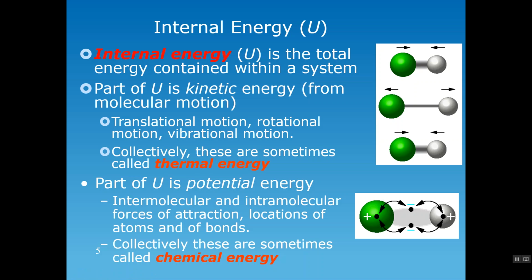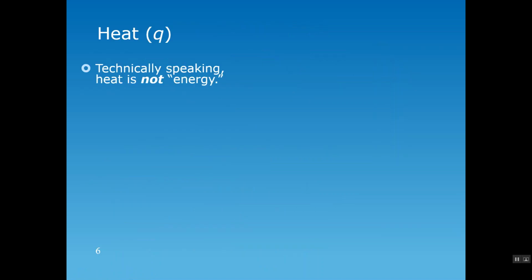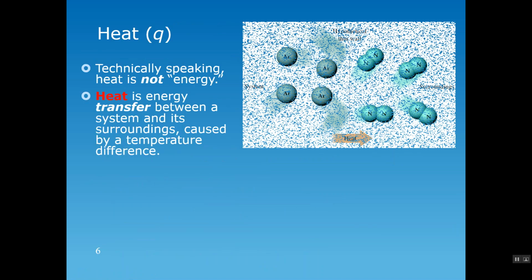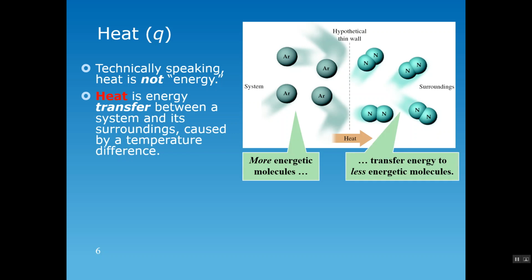All right, so let's talk about another term that we're going to be meeting a whole lot in this particular chapter, heat. What is heat? Here's the definition of heat here. Heat is the energy transfer between a system and its surroundings caused by a temperature difference, all right?